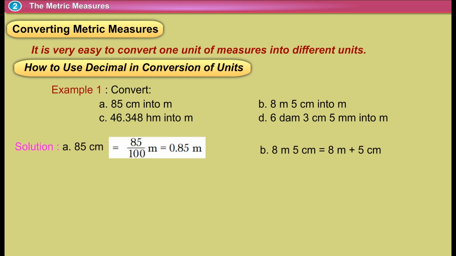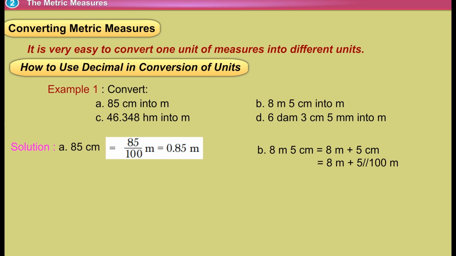Solution: A, 85 centimeters is equal to 85 upon 100 meter, which is equal to 0.85 meter. B, 8 meters 5 centimeters is equal to 8 meters plus 5 upon 100 meter, which is equal to 8 meters plus 0.05 meters, which is equal to 8.05 meters.